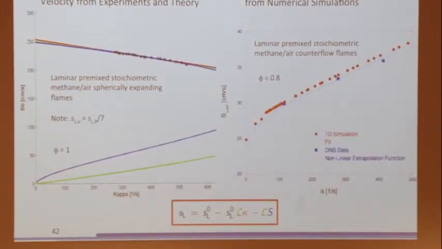This linear relationship is quite good, except for very small values of strain, where it is not so accurate anymore. So when you want to measure the burning velocity, it still depends on strain. You measure it as a function of strain, and then you extrapolate to 0 strain. That's how these experiments are done, and the same for the 0 curvature.